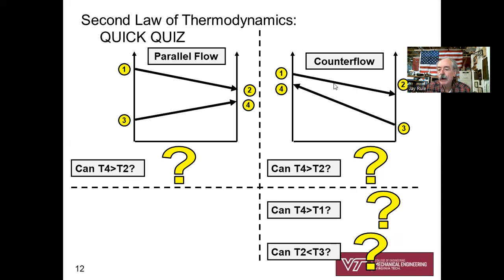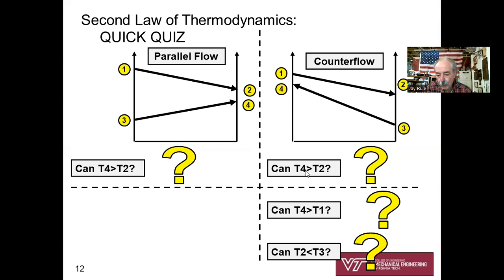Now, let's go to counterflow, where the two flows are going counter to each other. Question is, okay, so I've got my cold out T4, hot in T1. Can T4 be bigger than T2? Wow, can T4 be bigger than T2? I don't know.